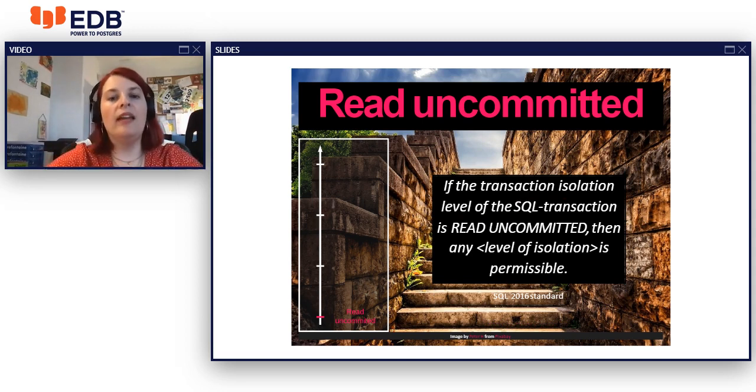It says that if the transaction isolation level of the SQL transaction is read uncommitted, then any level of isolation is permissible. So Postgres, by implementing read uncommitted like read committed, is still SQL standard compliant. We are relieved.